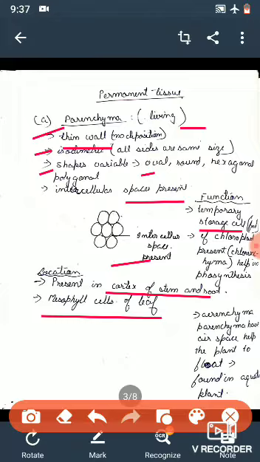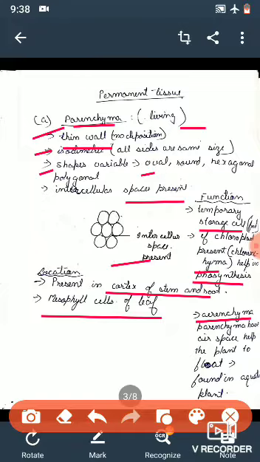Now two terms are there, chlorenchyma and the aerenchyma. What is this chlorenchyma? If the parenchyma cell have chloroplast in them, then they will be known as chlorenchyma cell, and they help in the process of photosynthesis.